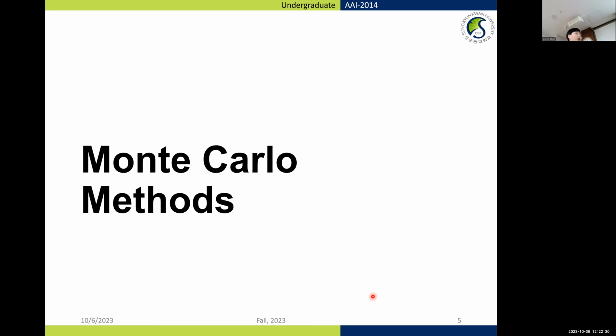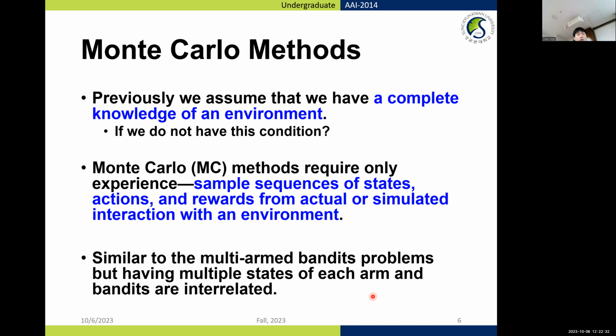Later we moved to the Monte Carlo method. The motivation for using MC is that if we don't have complete knowledge of an environment, meaning we don't have its dynamics, how can we proceed? Monte Carlo methods sample sequences of states, actions and rewards from actual or simulated interaction with the environment.